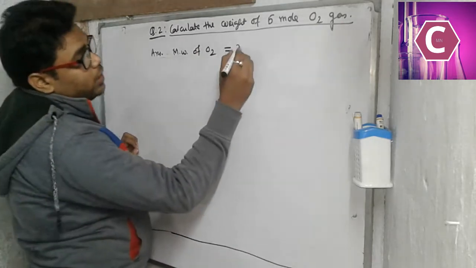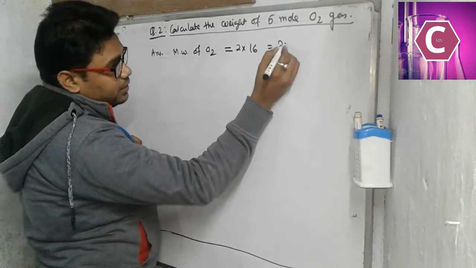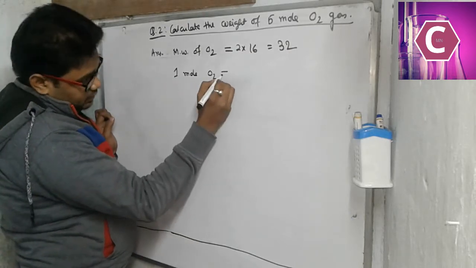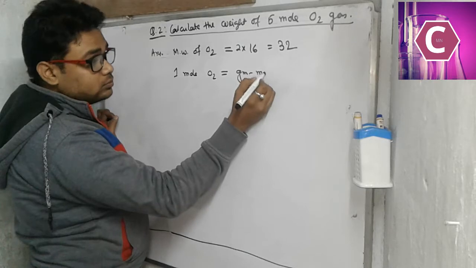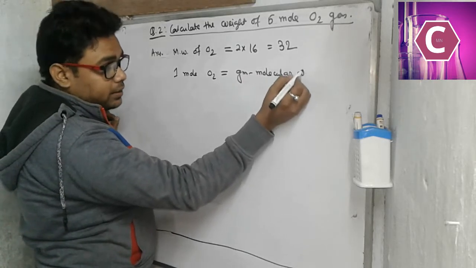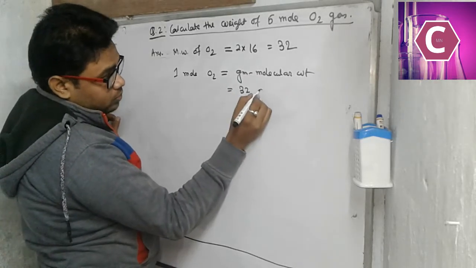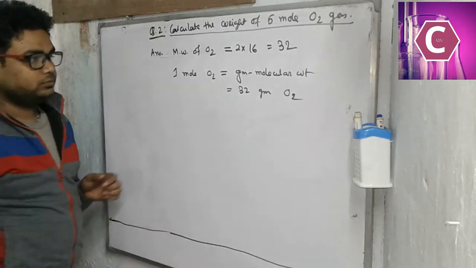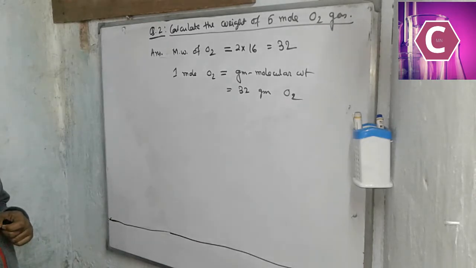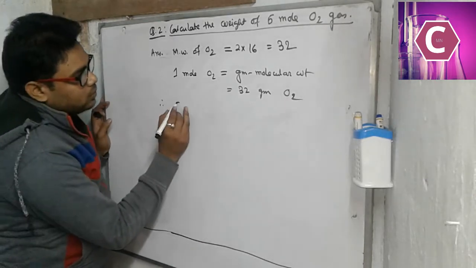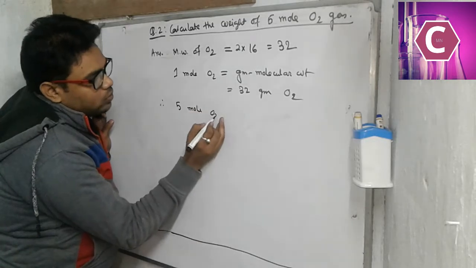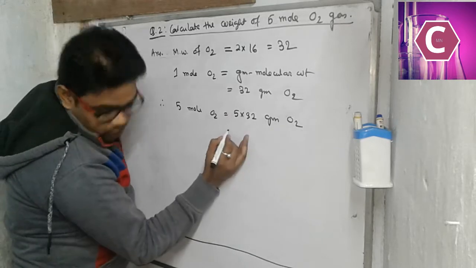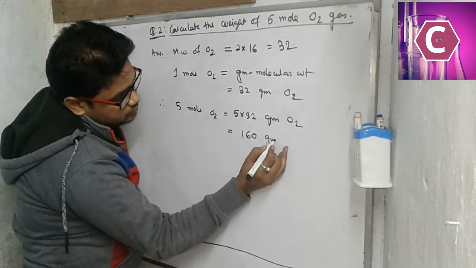That is equal to 2 into the atomic weight of oxygen, that is 32. Again, we know 1 mole O2 is equal to its gram molecular weight, equal to 32 gram O2. Therefore, 5 mole O2 is equal to 5 into 32 gram O2, equal to 160 gram.